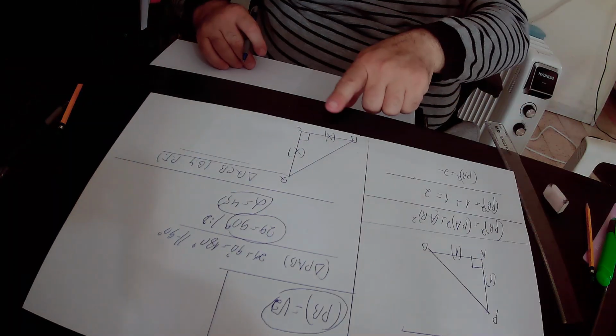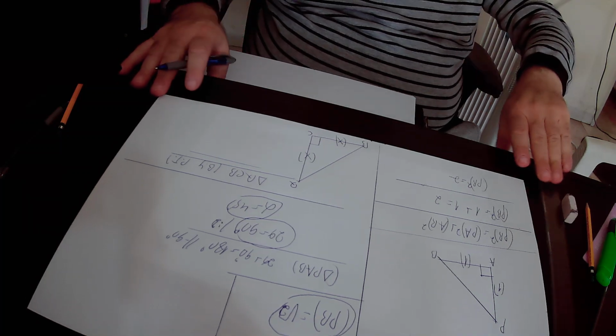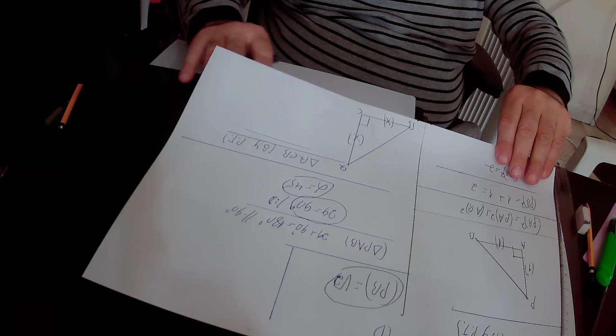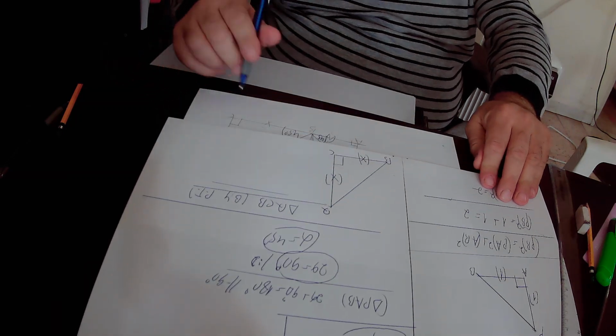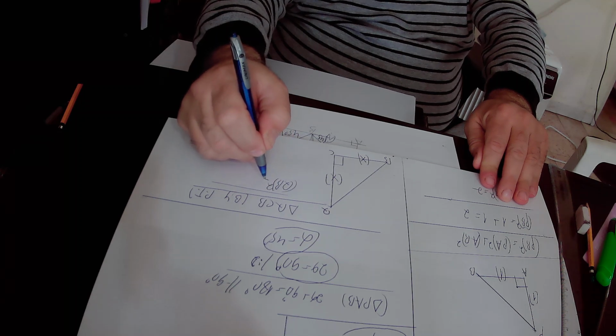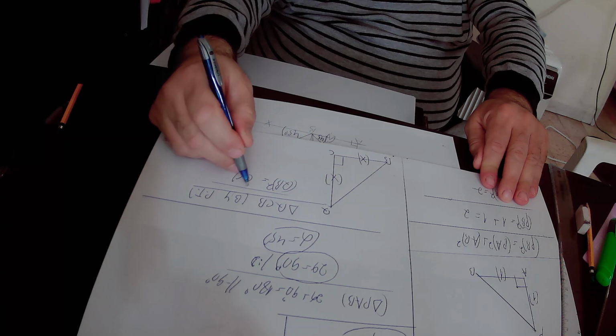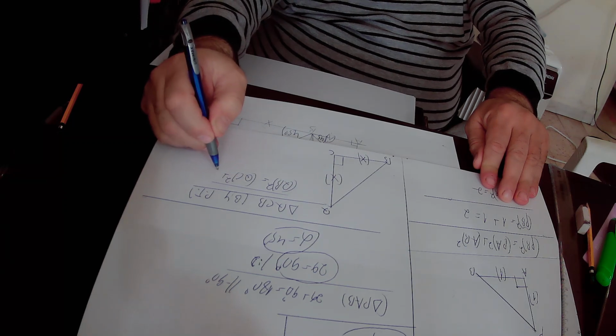Actually, this is the right triangle QCB that I copied from the original drawing. In this right triangle QCB, according to the Pythagoras theorem, QB squared equals QC squared plus BC squared.